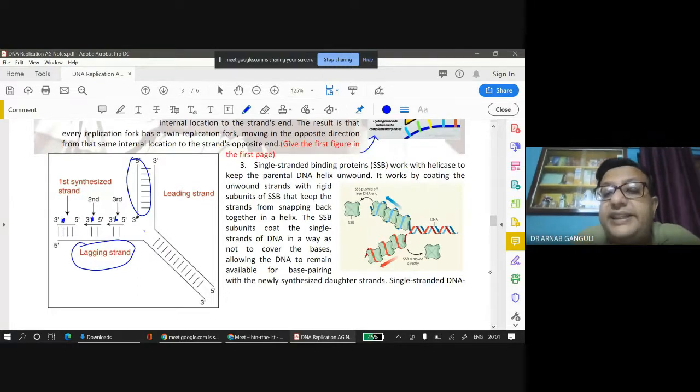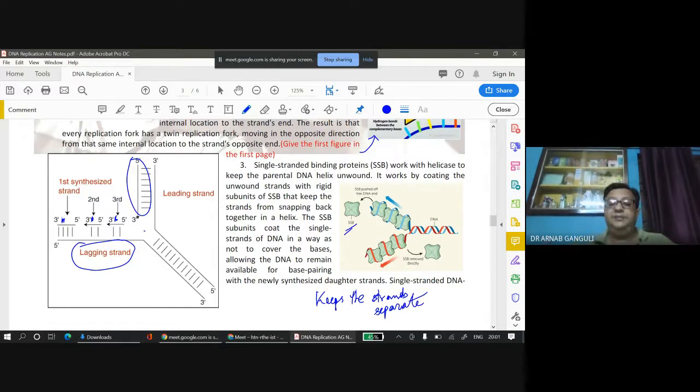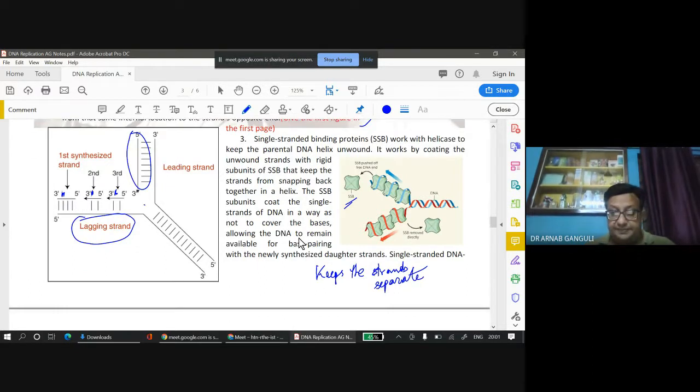And the SSB, single strand binding protein, it binds and it keeps the strands separate.